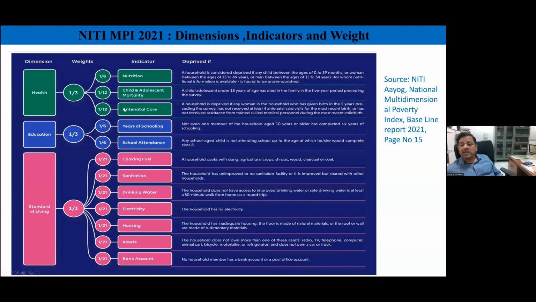So the weight is defined in a similar way. And they have also added one indicator, a bank account in the household. However, adding these two indicators does not really make a large difference. But this is what you can find in the NITI Aayog.